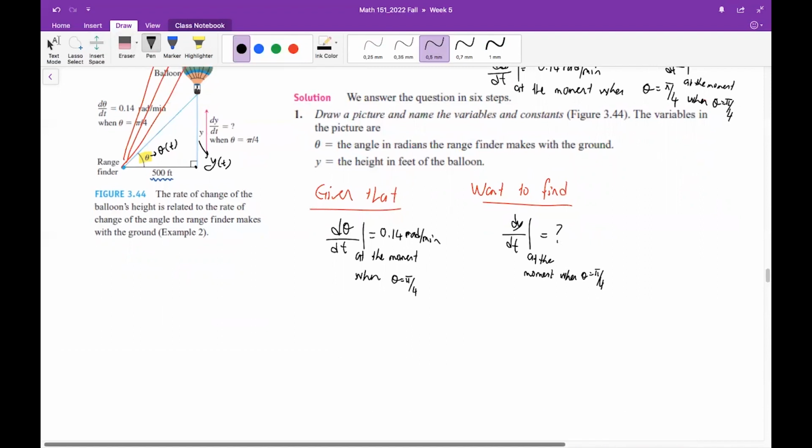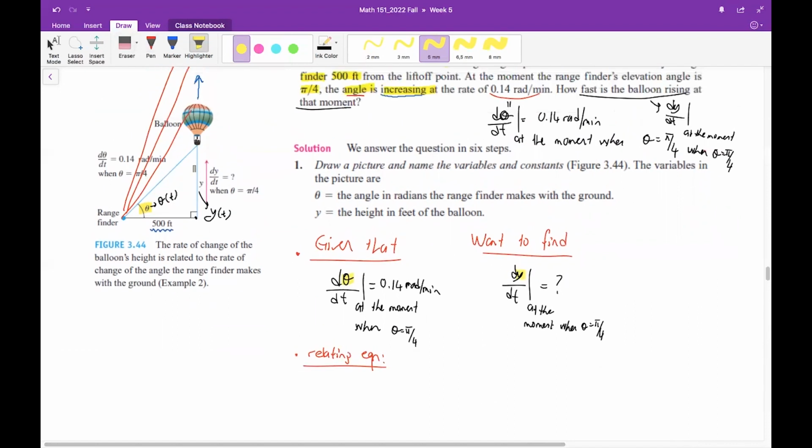After doing this summarizing diagram, what is the next step? The next step is finding a relating equation of the given quantities, theta and y. Look at your picture, please. How can you relate theta and y? They can be related through the tangent function. So tangent theta is y over, you know, this 500 feet is something constant.